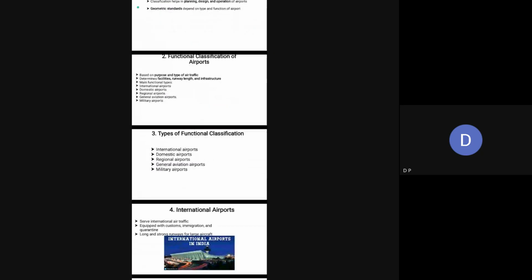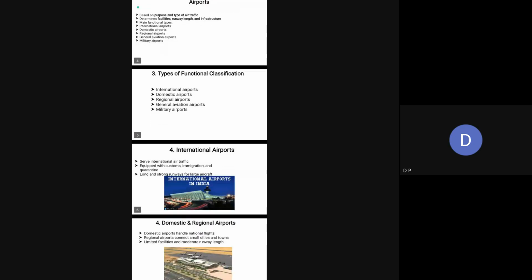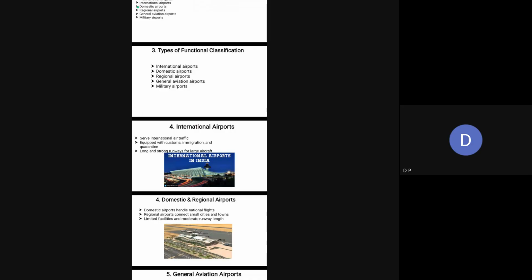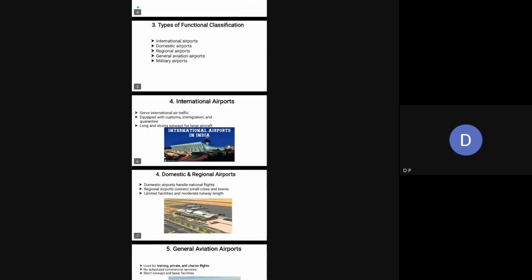International airports serve international air traffic, equipped with customs, immigration, and quarantine, with long and strong runways for large aircraft. Domestic and regional airports: domestic airports handle national flights. Regional airports connect small cities and towns, with limited facilities and moderate runway length.